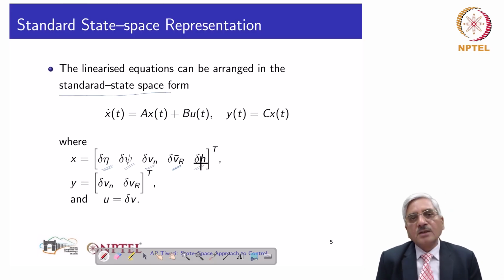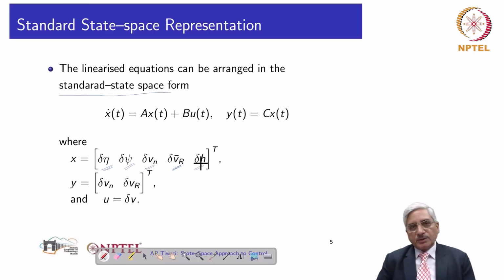Now, one thing which I forgot to mention in the lecture when I was telling about the development of nonlinear model of the nuclear reactor is that a nuclear reactor is a complex system as far as its instrumentation is concerned.